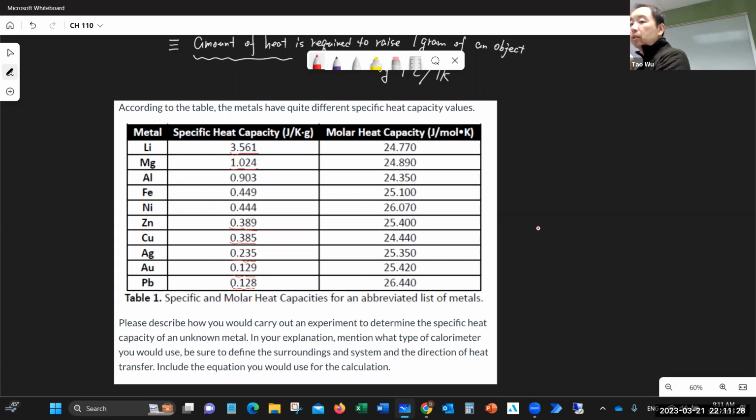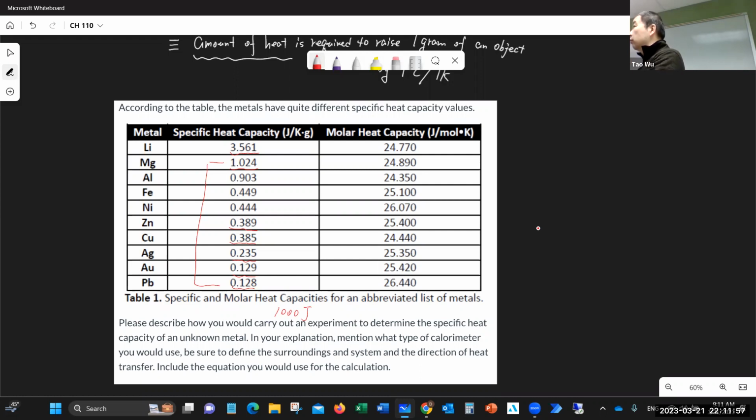Then you can think about lead and magnesium, which one will, if I give the same amount of heat, for example 1,000 joule of heat to heat up both lead and magnesium, which one will raise to a higher temperature?